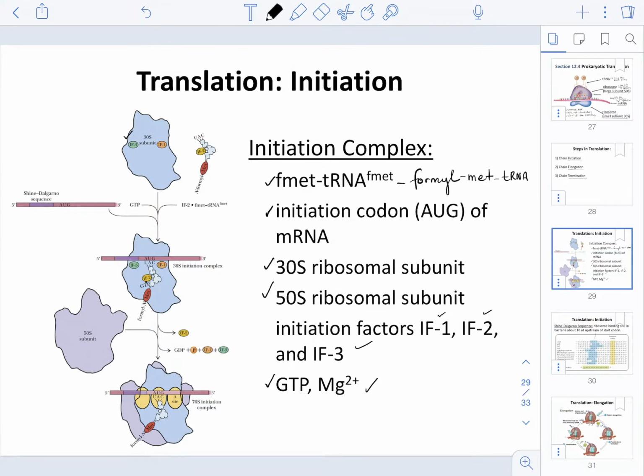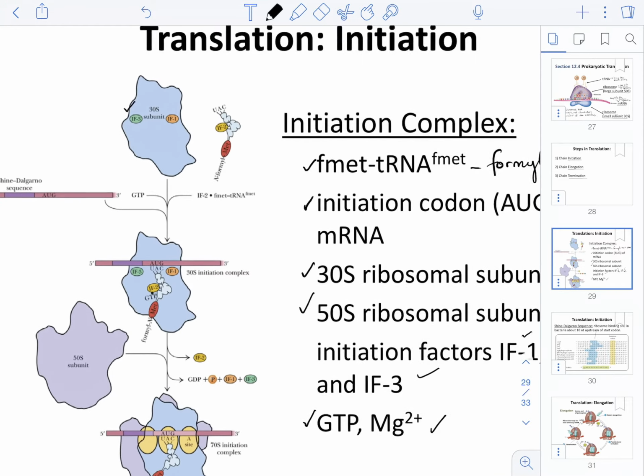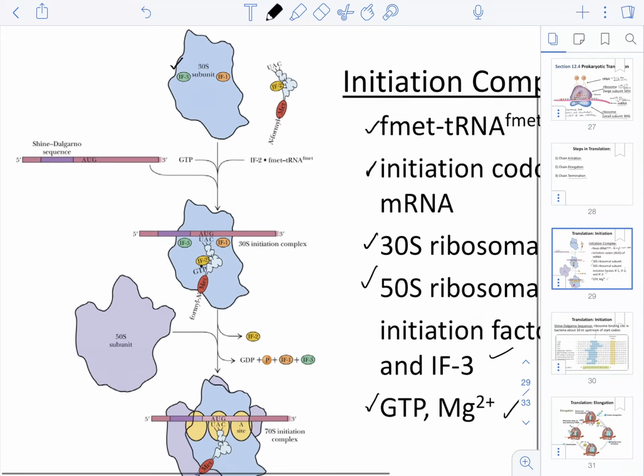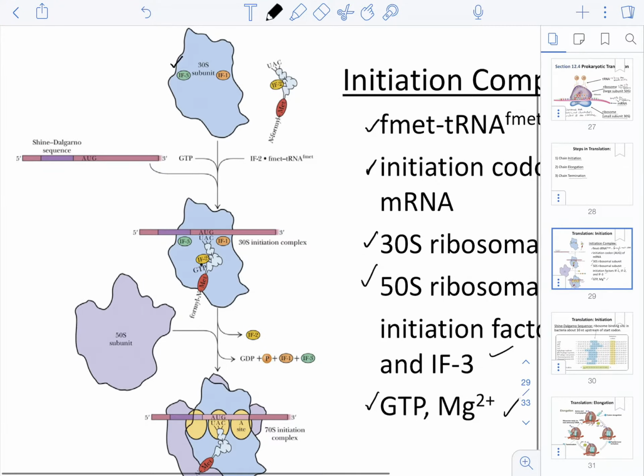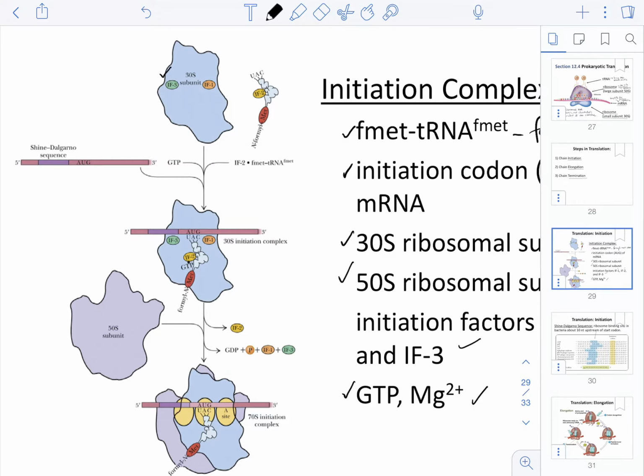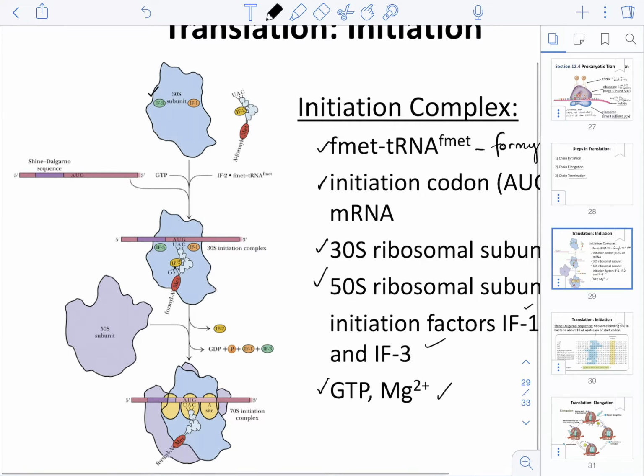I'm going to be focusing on the left side of the slide, which is where we have the figure for the initiation step. What is occurring here is that we have our mRNA template.